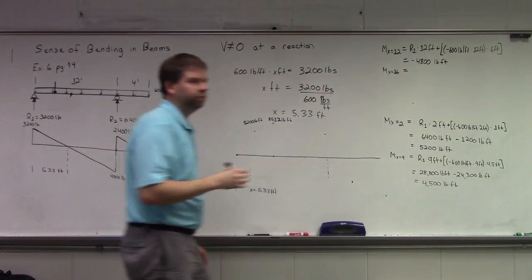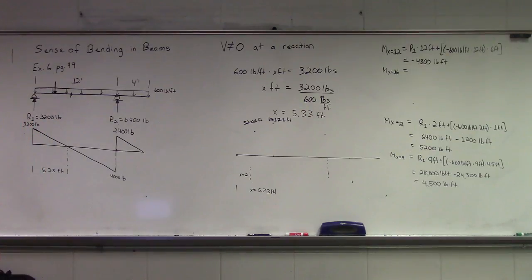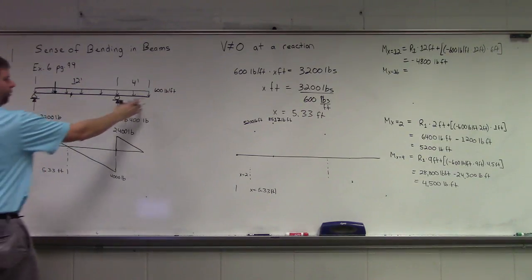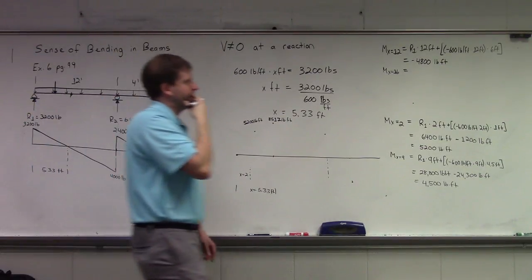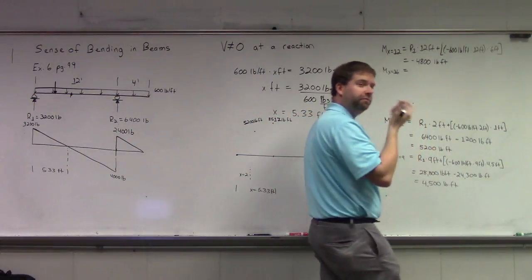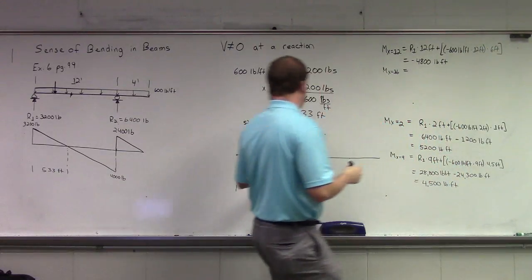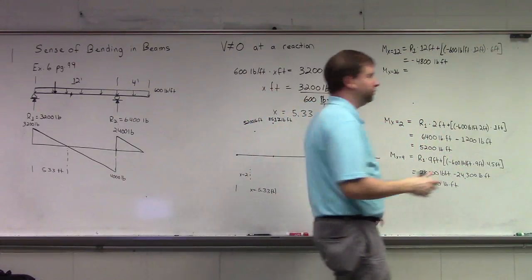Okay, and then what about x equals 16? What are we going to have? So now we're all the way out here. That goes back to zero. Hopefully, right? If we have rotation out here, we're going to have some issues.